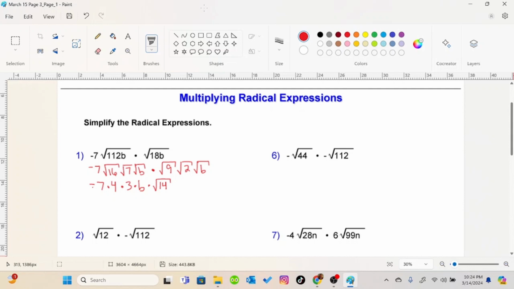So negative 7 times 4 is negative 28. Negative 28 times 3 is negative 84. b square root of 14 is our final answer.